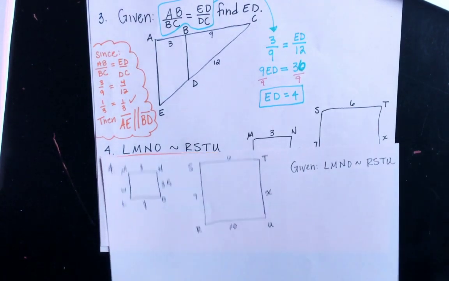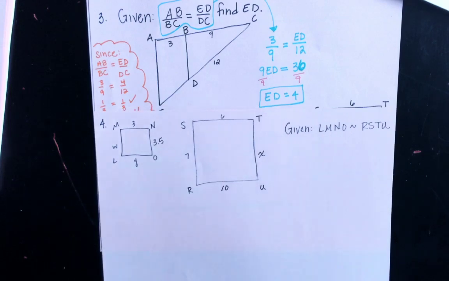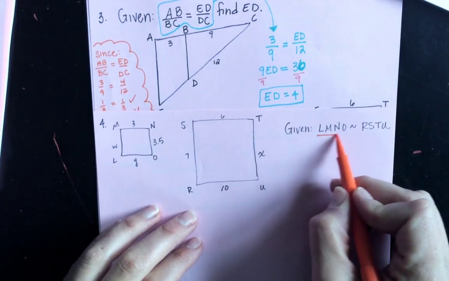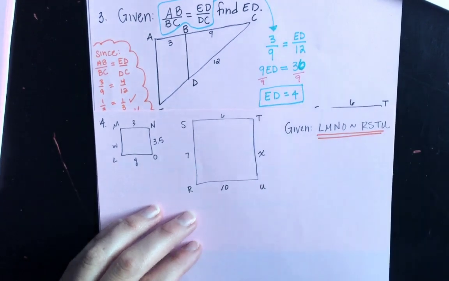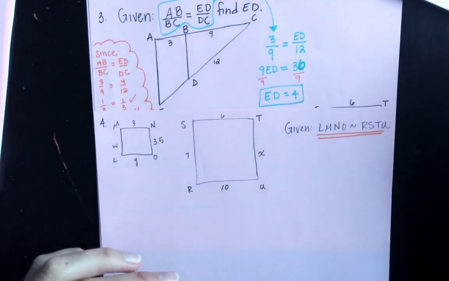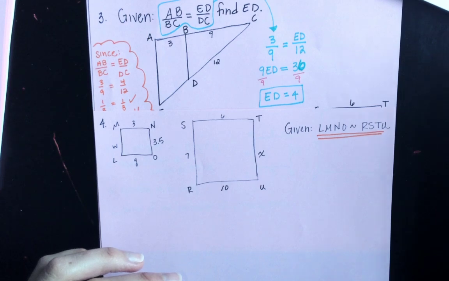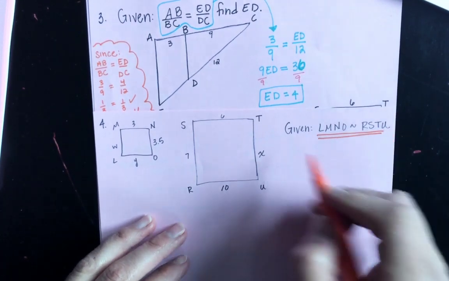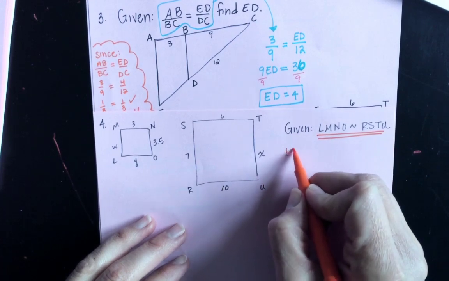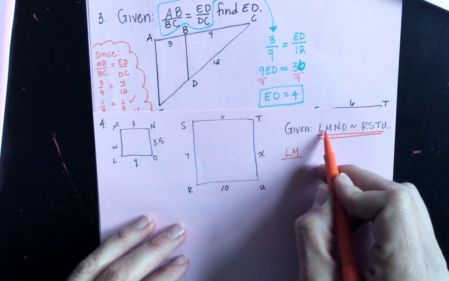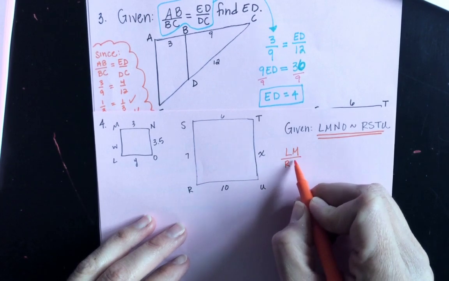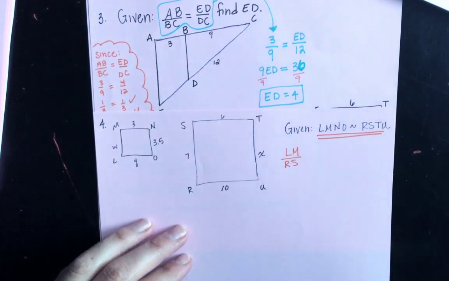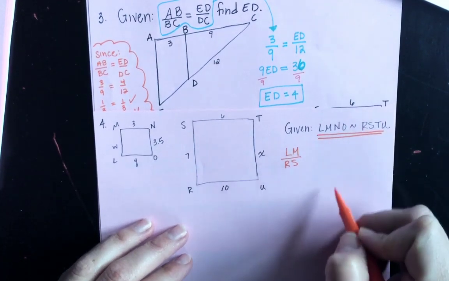Here's the question that we're essentially dealing with. I want to use this information to write my proportionality statement. LM, the first two, should be in proportion with RS. Those are corresponding segments.